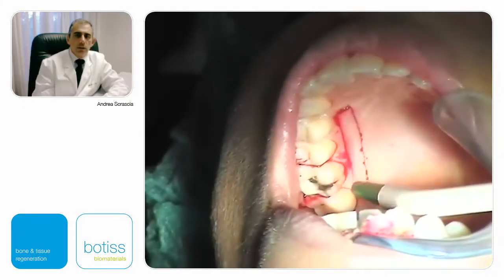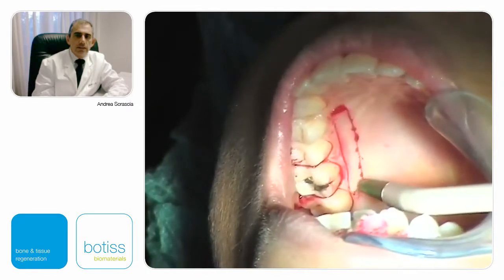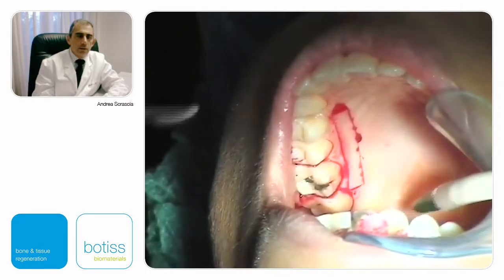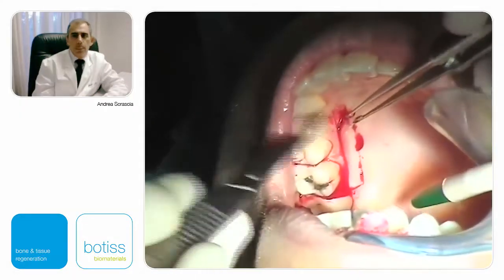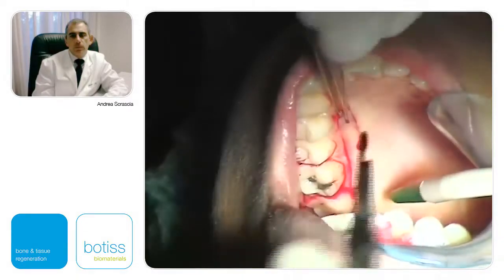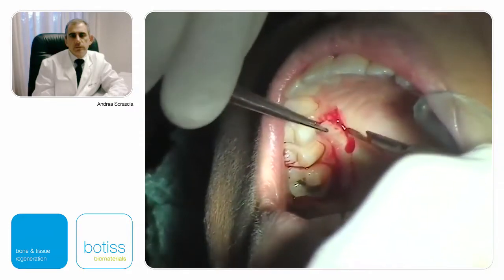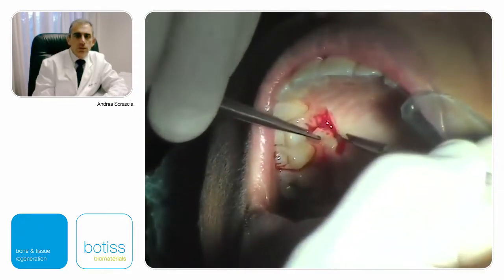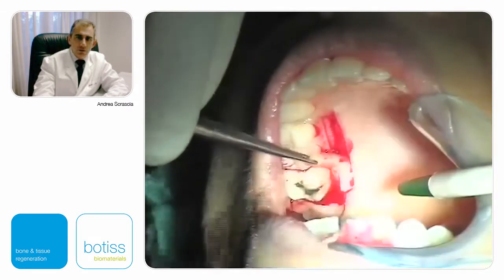Now is the moment that I remove the graft. So this is the technique for the graft.